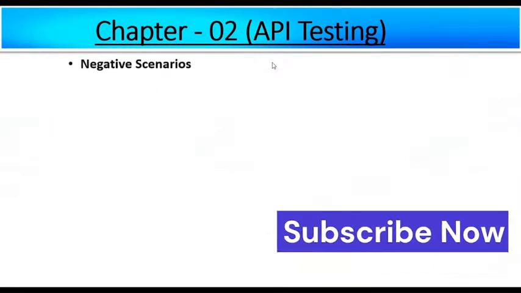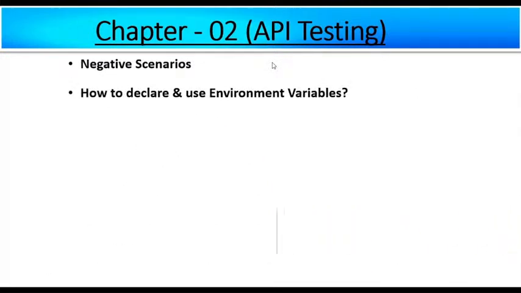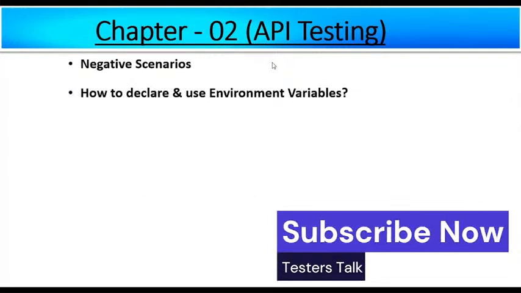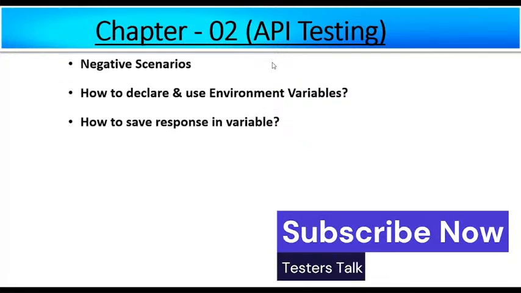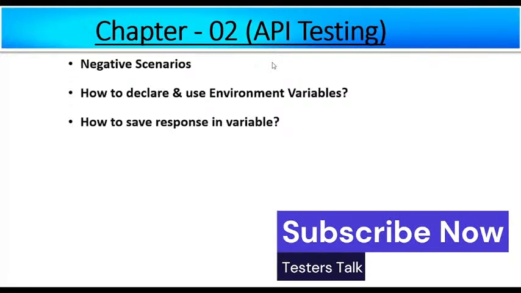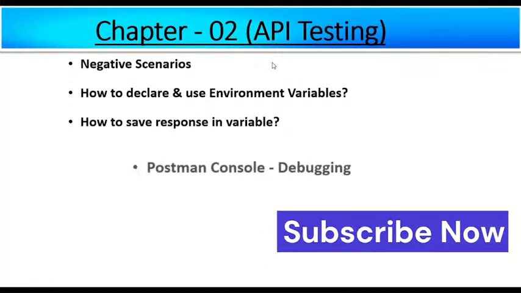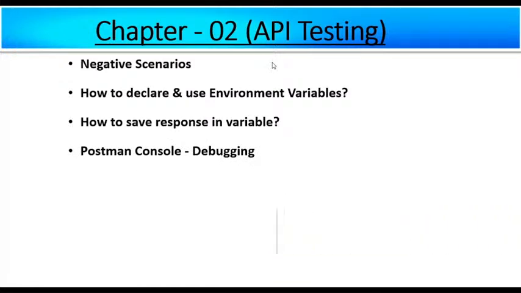With respect to this, we will create a few negative API requests in the Postman. Then I will discuss how to declare and use environment variables. Then we will see how to save the response of any API in a variable so that we can use that particular variable value in the further APIs. Then I will discuss how to use the Postman console for debugging any issues in the API.